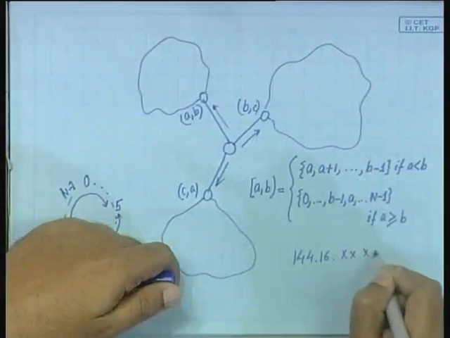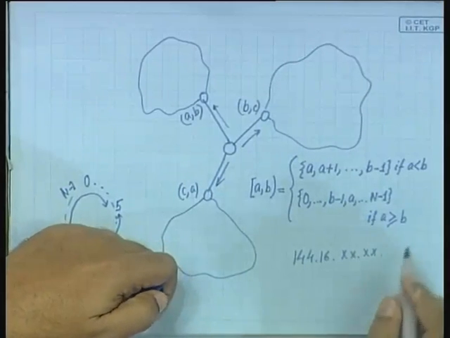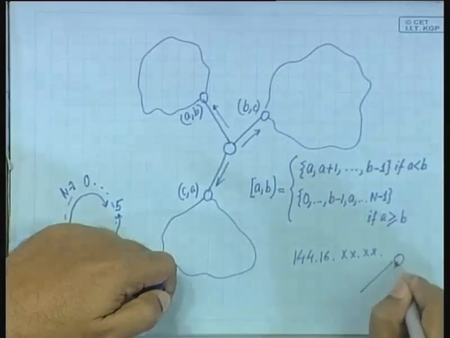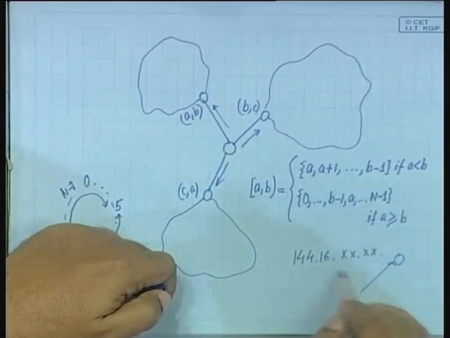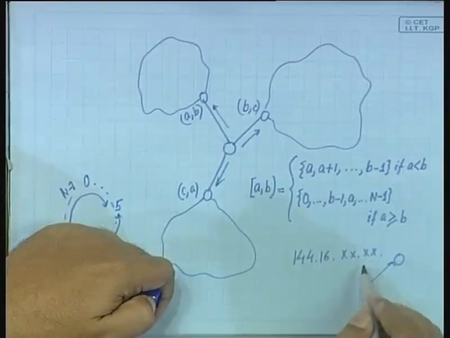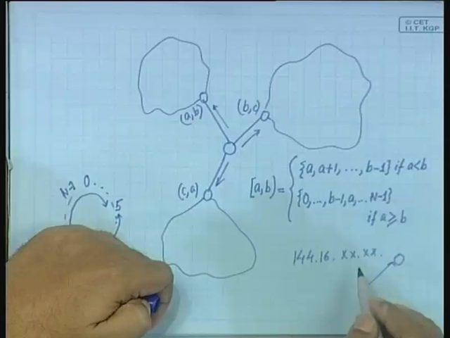So, that is also a cyclic interval, because I am saying that all nodes which start with 144.16 and then XX XX, these are reachable along this neighbor. What does this set of addresses indicate? It is a cyclic interval.